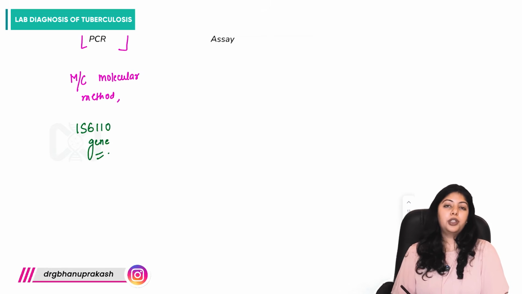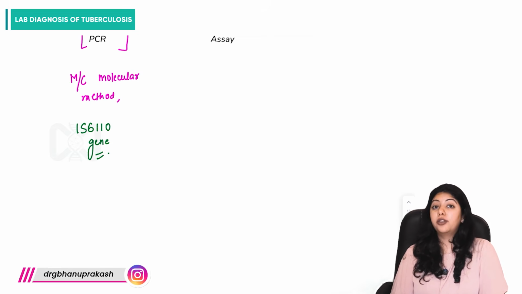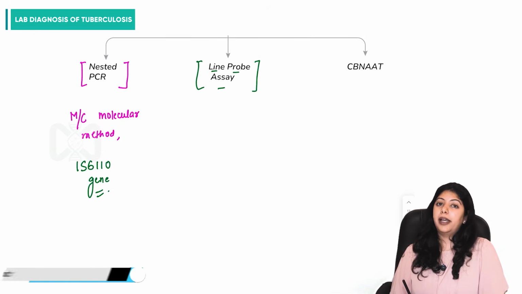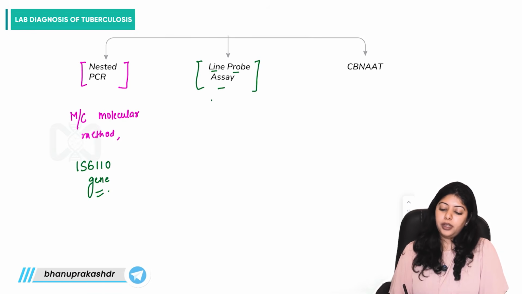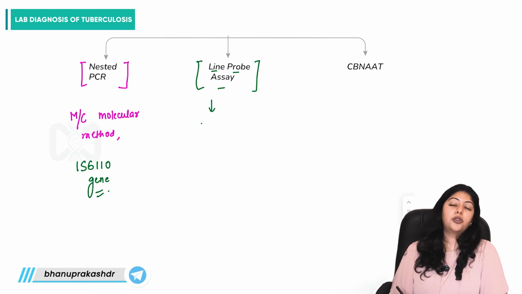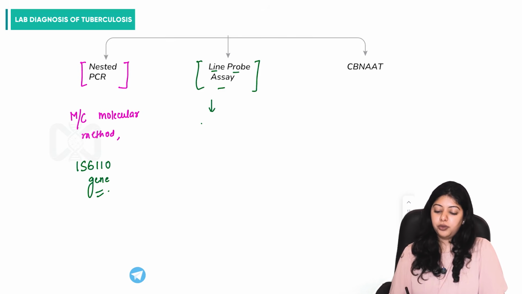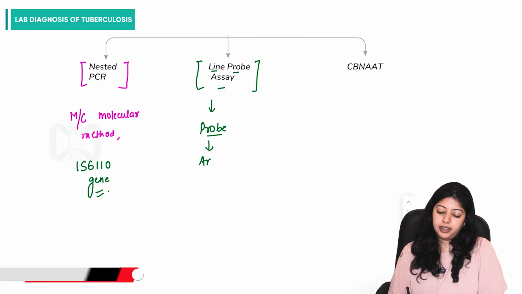It is not used now. We have a lot of better advanced options available. Then we have the next important molecular test, the line probe assay. It is based on the principle of probe-based detection of amplified DNA in the samples. So it uses certain probes for detecting the amplified DNA.